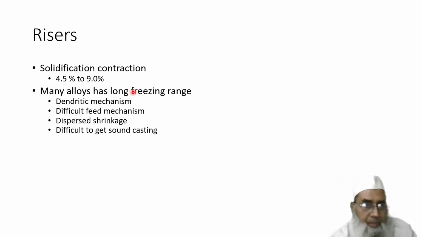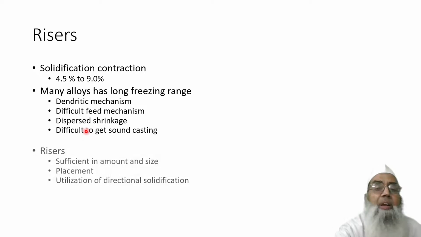This causes high shrinkage, plus the long freezing range causes dendritic freezing. When there is dendritic freezing, it is difficult to feed, and the shrinkage gets dispersed and it is very difficult to get a sound casting.